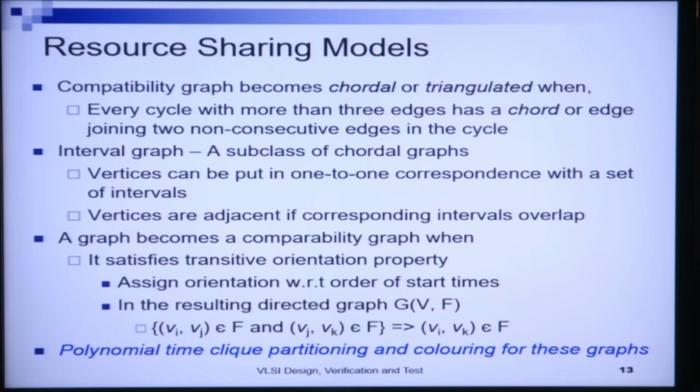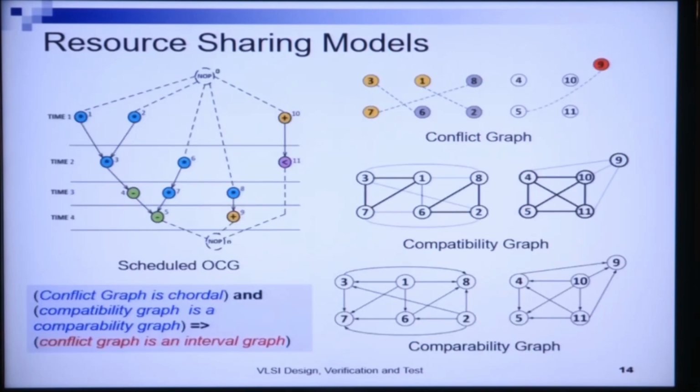In the resulting directed graph G equals to V comma F, Vi Vj belongs to F and Vj Vk belongs to F implies that Vi Vk belongs to F. So, this transitive direction property will be imposable on this graph. As an example, let us see this compatibility graph that we have here.